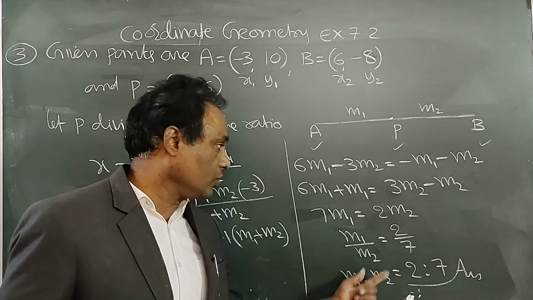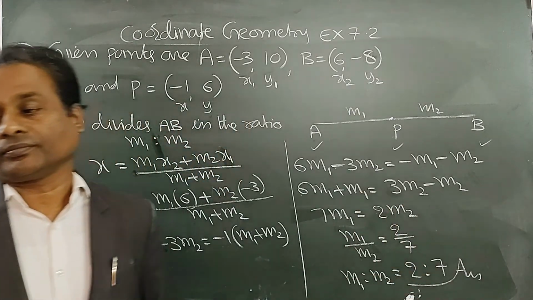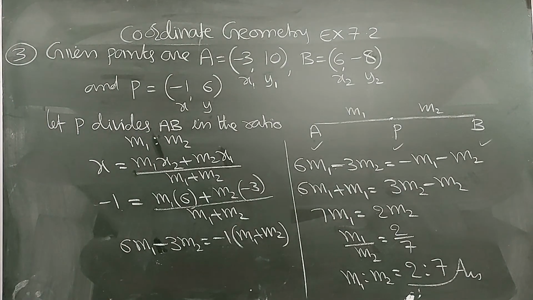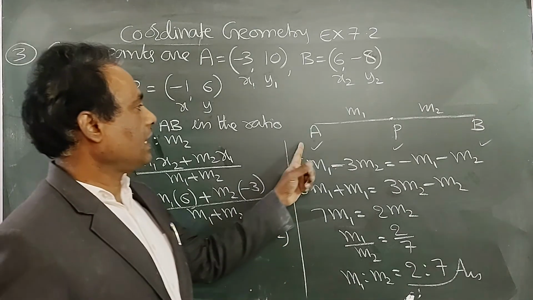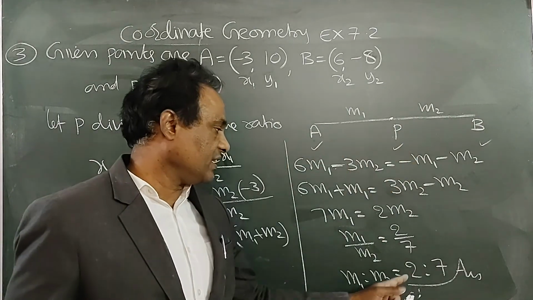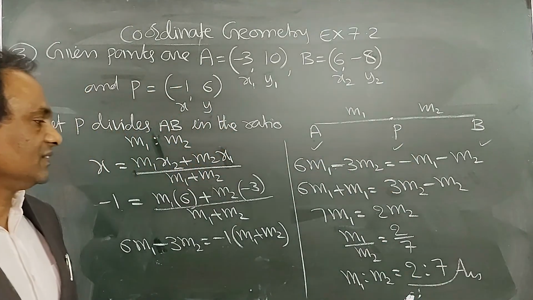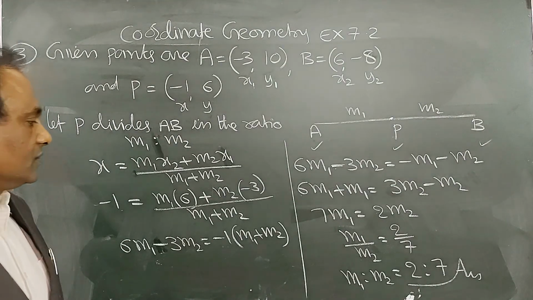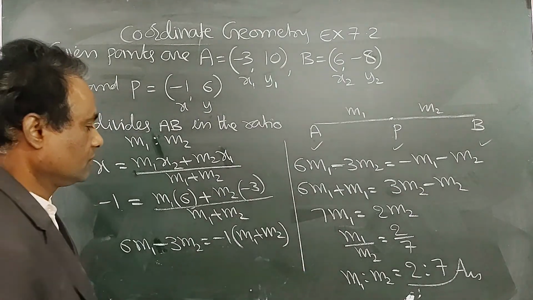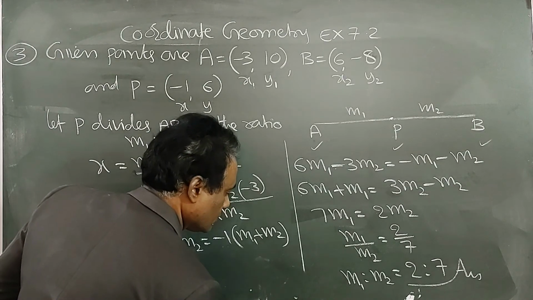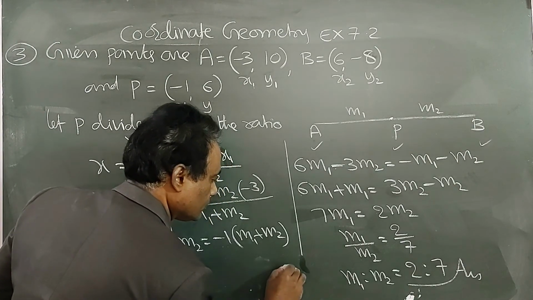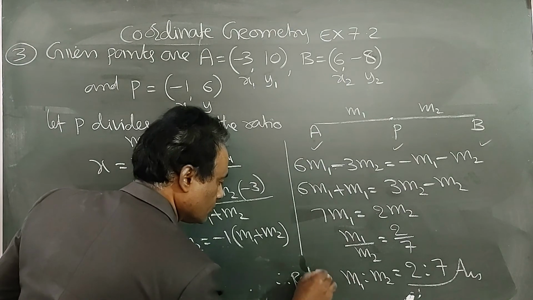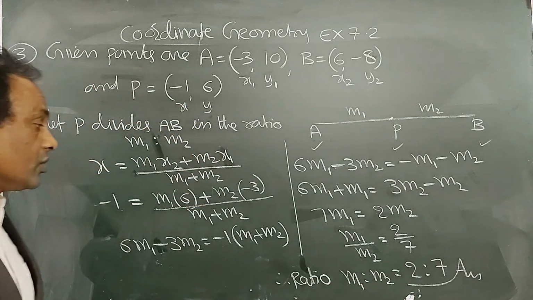So P divides AB in the ratio 2 is to 7. Ratio m1 is to m2 is equal to 2 is to 7.